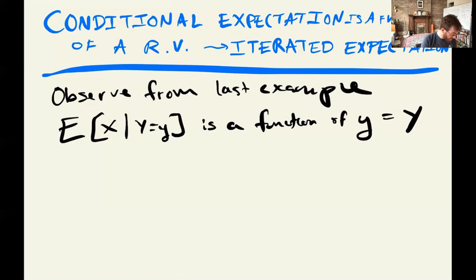So this gives us a new random variable, which we can then do things like, what's the expectation of it?